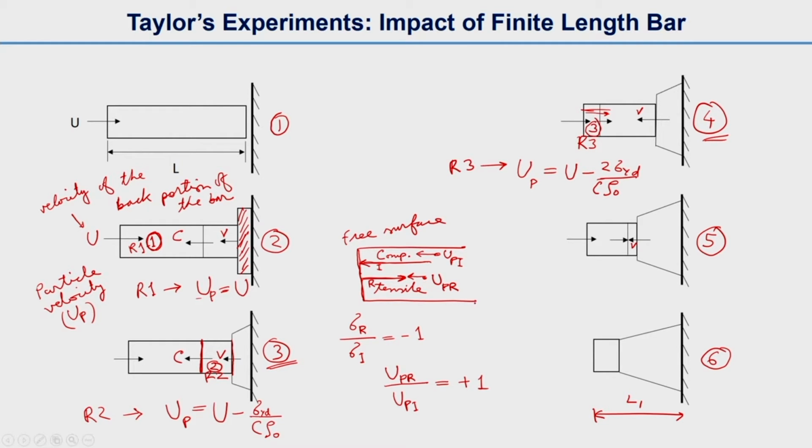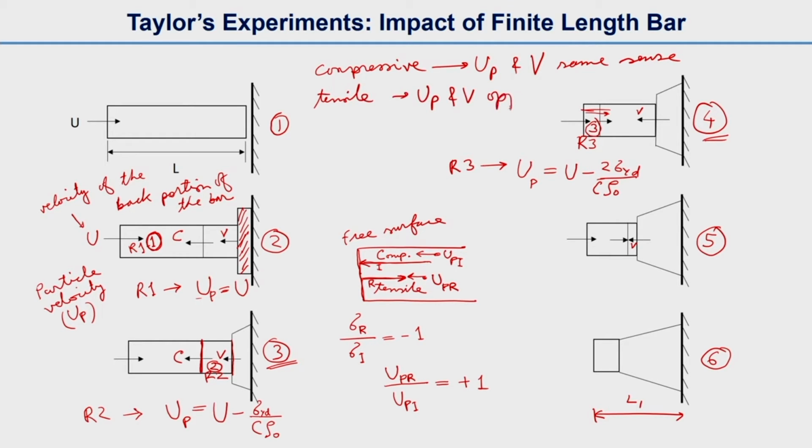We also discussed that for a compressive wave, UP and the wave velocity, which we write as capital V, have the same sense, and for a tensile wave, UP and V have opposite sense.